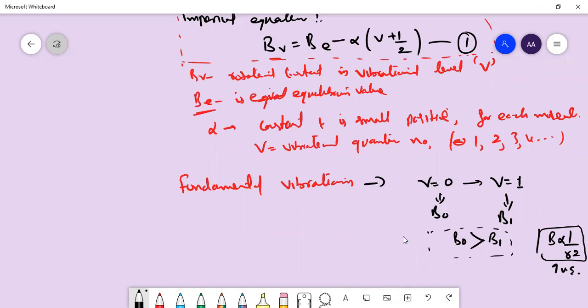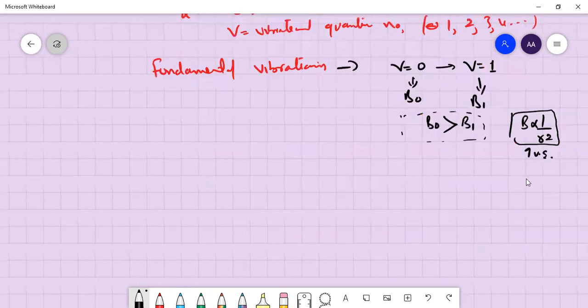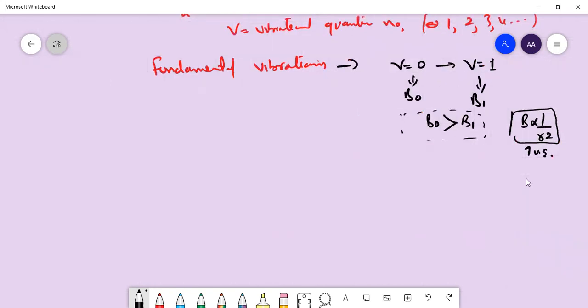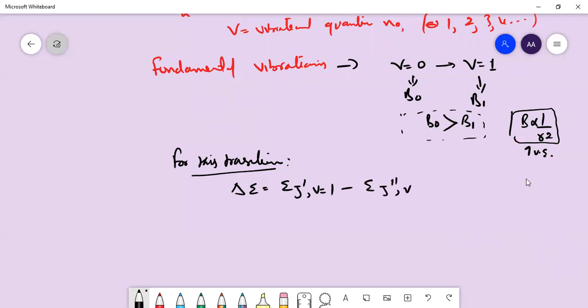So for this transition, we can write another empirical equation. For the transition from V equal to 0 to V equal to 1, the energy change we can write as delta E is equal to E(J', V equal to 1) minus E(J'', V equal to 0). What are this J' and J''?